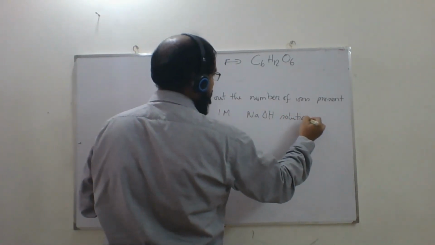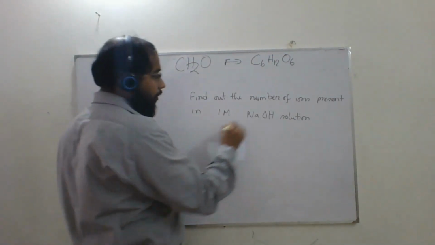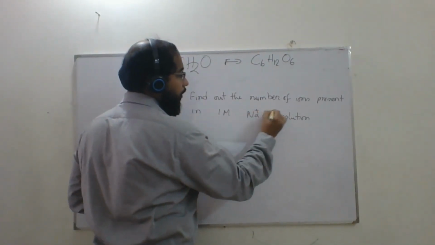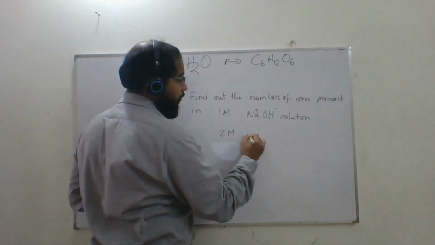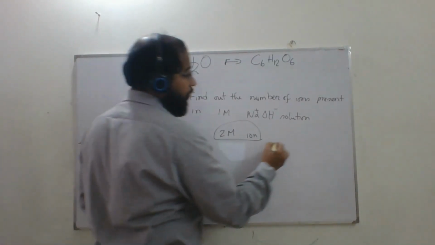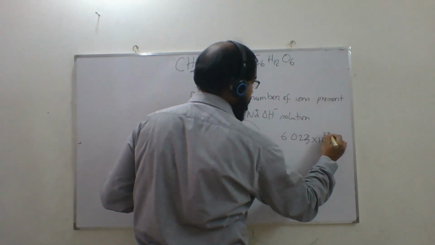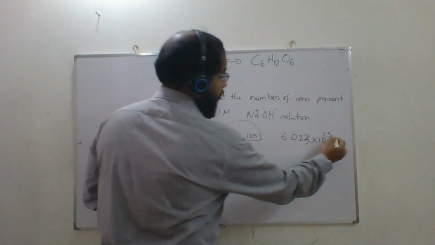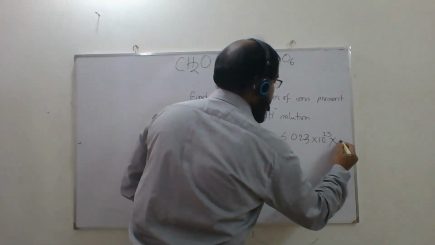So if you go for calculation, then 1 molar sodium hydroxide solution will give you 1 sodium ion and 1 hydroxyl ion, so 2 molar ions. This is simple. And 1 mole means 6.023 into 10 to the power 23. So 2 moles means into 2. So if they ask you to find out the number of ions, then just this one.